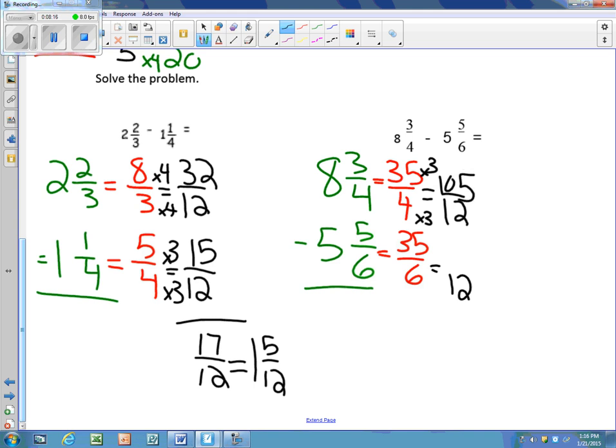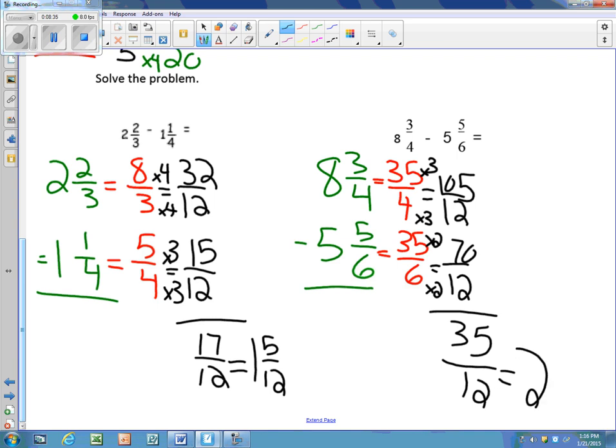So I have 105 12ths. And then over here, it's times 2, times 2. And now when I subtract these two numbers, I have 35 12ths. And I have to turn it back into a mixed number, which would be 2 and 11 12ths. And that is how I add and subtract fractions and mixed numbers with unlike denominators.